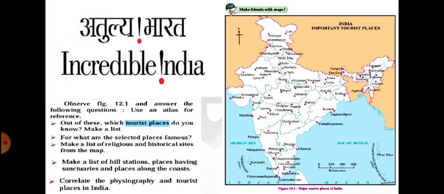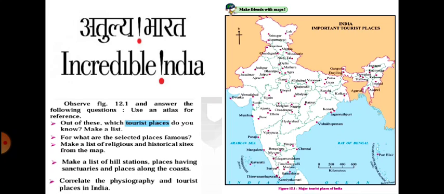The list of hill stations include Udagamandalam, Darjeeling, Gangtok, etc. The list of sanctuaries include Kaziranga, Bharatpur, Periyar, etc. The places along the coast include Kanyakumari, Kavarati, Panaji, Chennai, Vishakhapatnam, Mumbai, Port Blair, etc.